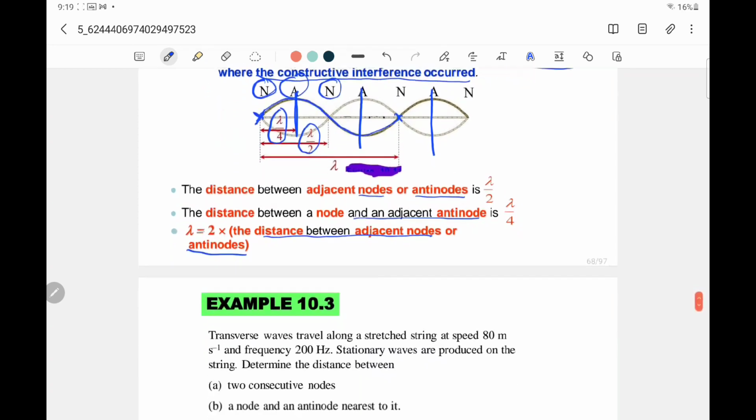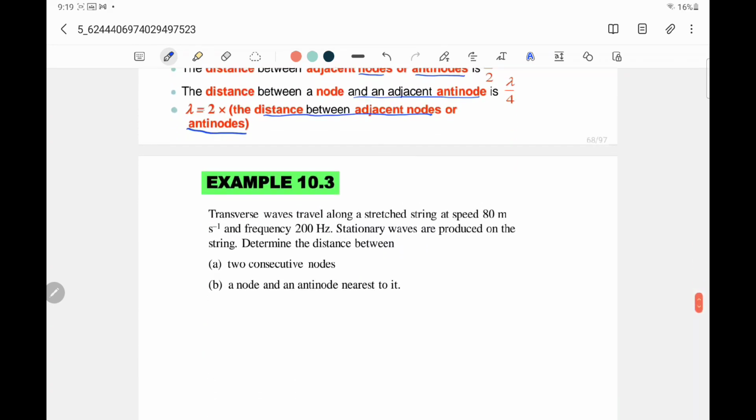Okay, we go to question 10.3. A transverse wave travels along a stretched string with a speed of 80 meters per second and a frequency of 200 Hz. Stationary waves are produced on the string. Determine the distance between two consecutive nodes. Alright, so we find lambda first. The velocity is 80 meters per second and the frequency is 200 Hz.